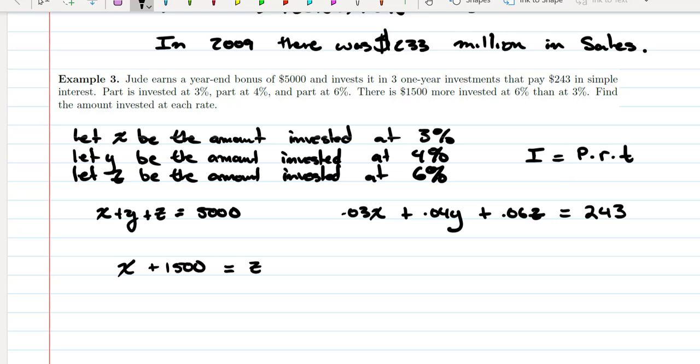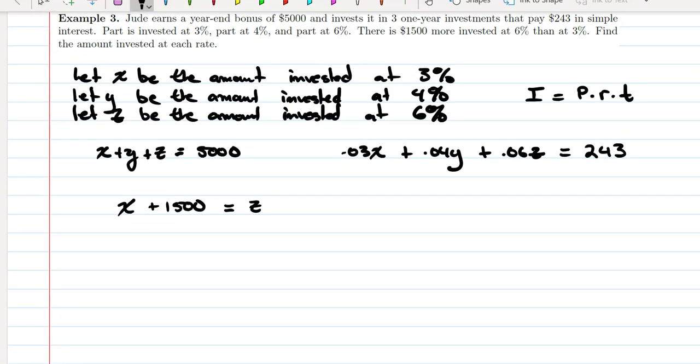So now I have 3 equations. One for the total amount, one for the total interest, and one that puts these together. So my equation 1 is going to be x plus y plus z equals 5,000. Before I put my equation 2 in, I want to eliminate my decimals.